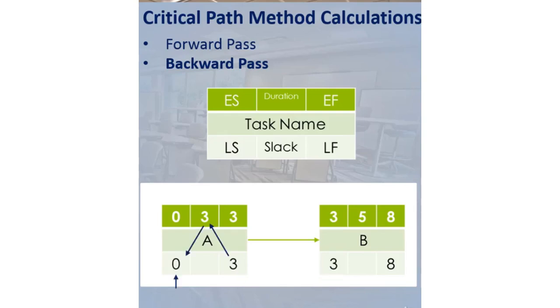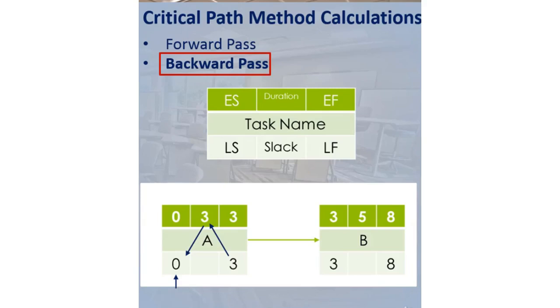Now, just like we did in B, we are subtracting the duration of the task from this value and writing the result to the bottom right. If we subtract 3 from 3, we will have 0, which is the LS value of A. Since we have calculated LS and LF values of all tasks, the calculation of backward pass is complete.